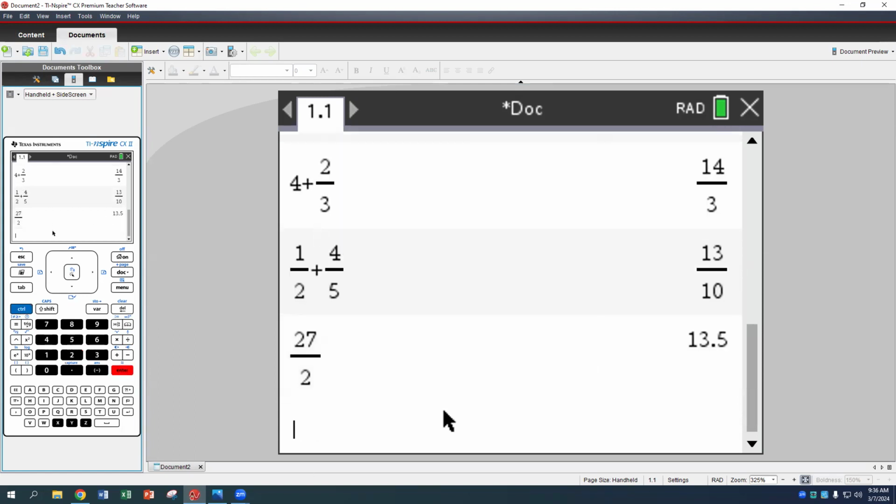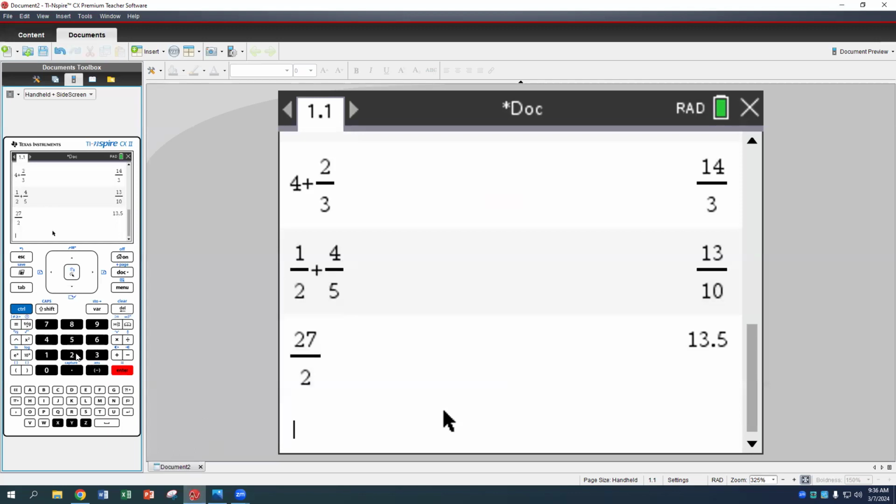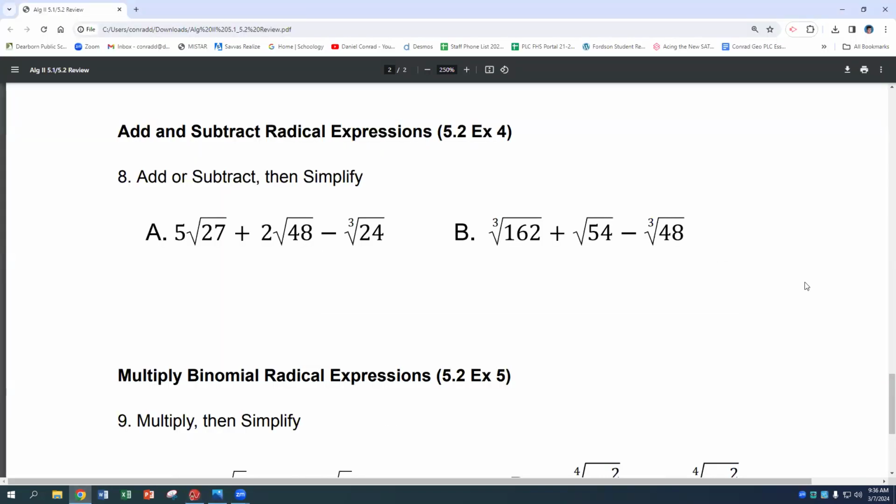And then if I look at my chart, 13.5 is right here between 9 and 16. So it's not going to be bigger than 13.5. So it's either going to be 9 or 4. So when I pick my calculator up and I do 27 divided by 9, that's a whole number, that's 3. So it's going to be 9 times 3. So I'm going to split this up into 5 square root of 9 times 3.